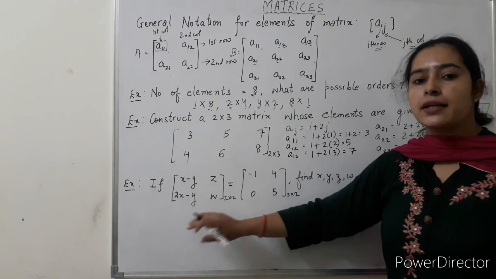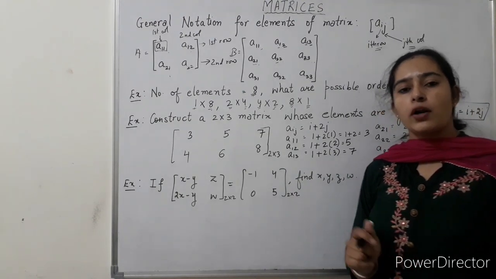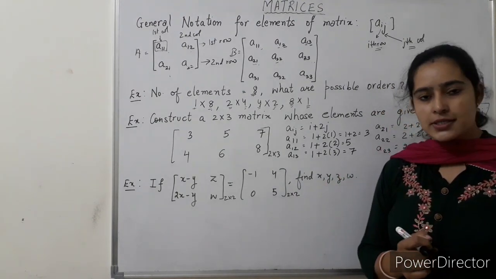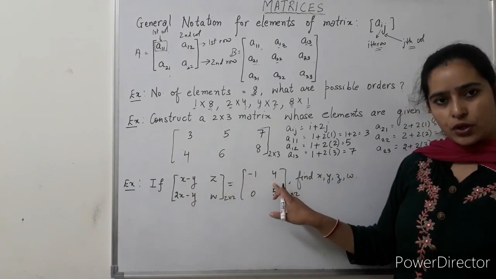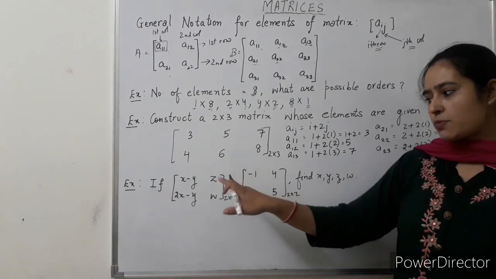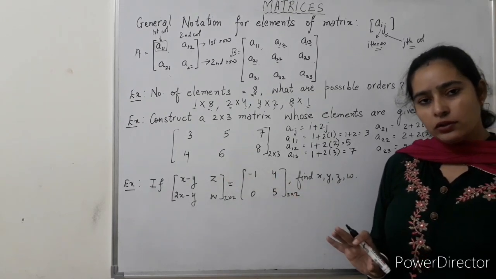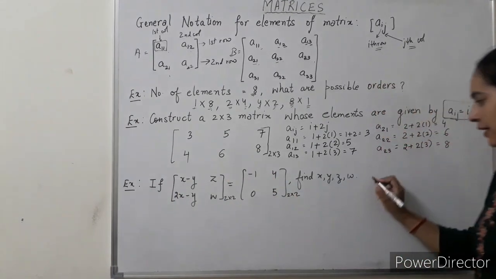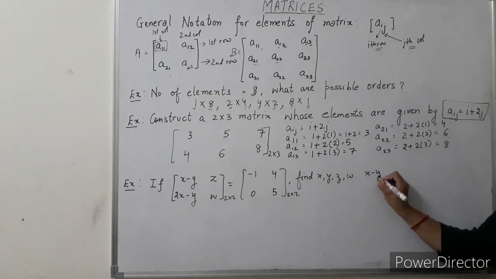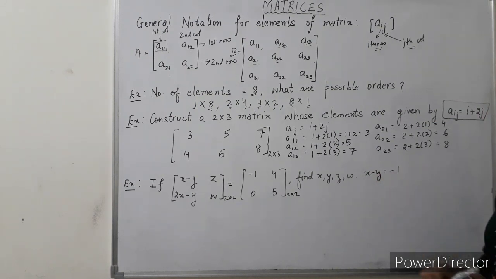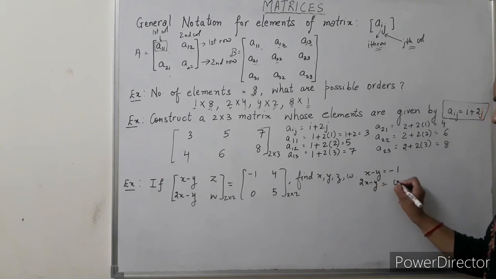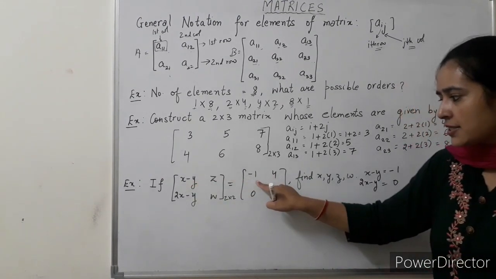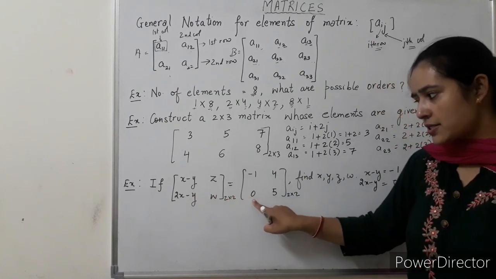Now what was the second condition? Second condition for equality of two matrices was that corresponding elements should be equal. So we can write the corresponding elements equal. What you will write? x minus y is equal to minus 1. 2x minus y is equal to 0. This element is equal to this. This element is equal to this.